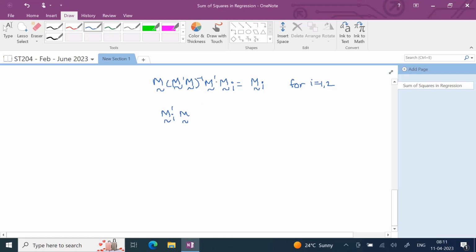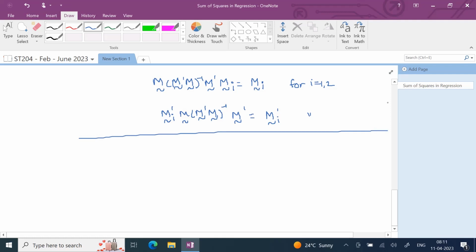So Mi prime, then M prime M is symmetric, so M prime M inverse stays as it is, and then M prime is equal to Mi prime again for both i. Okay, so far? So we are going to use this result for X.